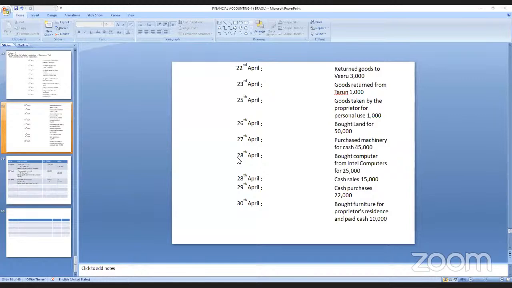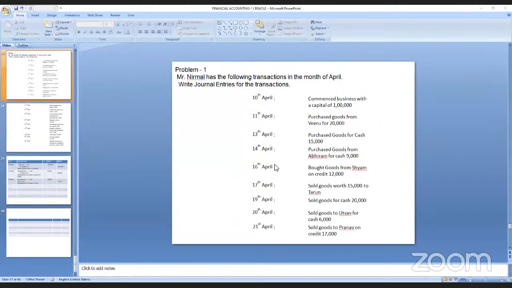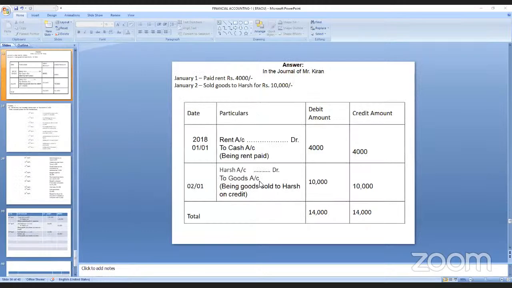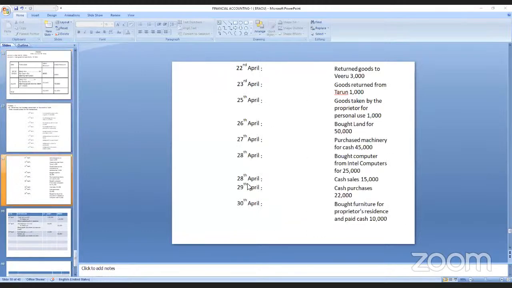The 22nd one: returned goods to Viru. Here, what did he do with Viru? Viru purchased. So purchases account debit to Viru account, no? When the goods are returned, what will you write? The 22nd one, what will you write?